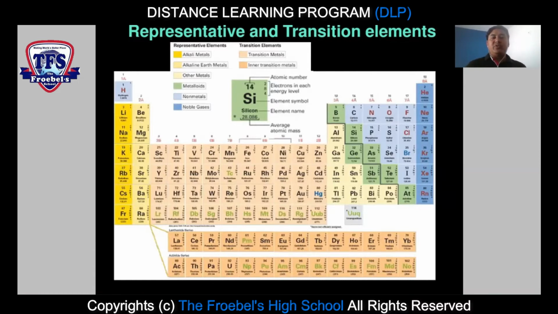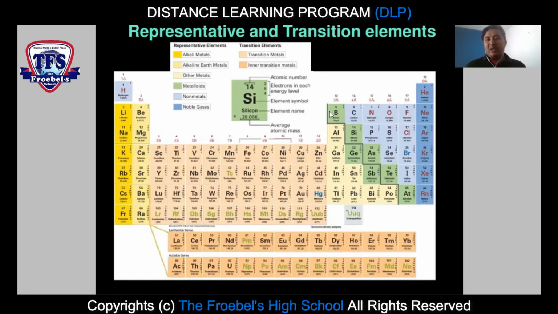Normal metals we get on the left side. This is group number one, and this is group number two. Group number one is called alkali metals. Group number two is called alkaline earth metals. And other metals are these few metals, and these are the weak metals you can see.